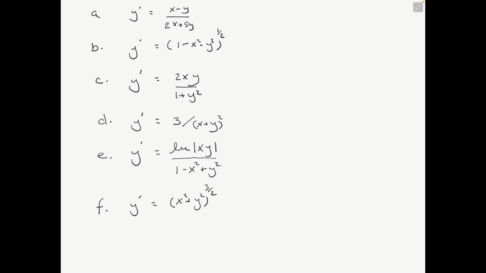Okay, so for the first problem, A, we don't want the denominator to be equal to 0. So 2x plus 5y cannot be equal to 0.